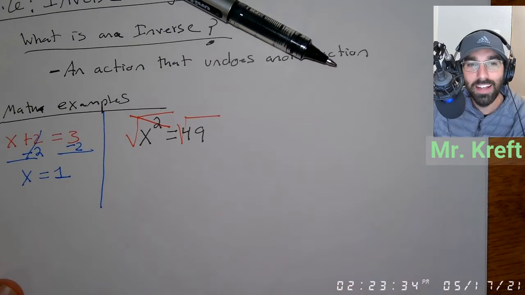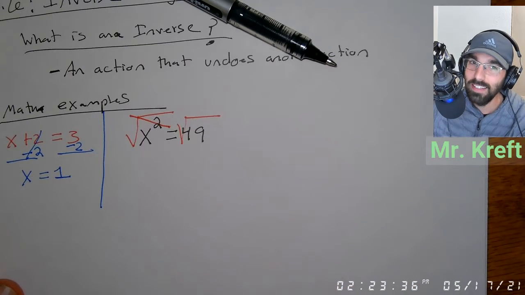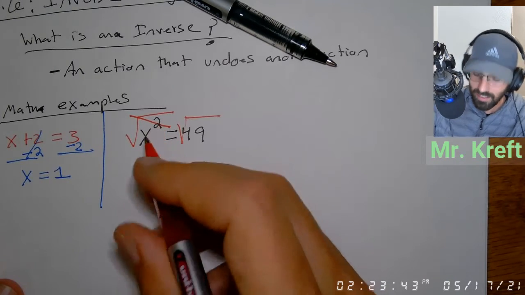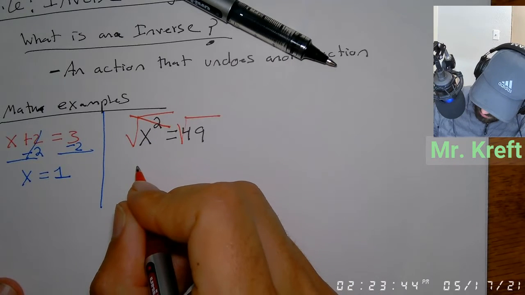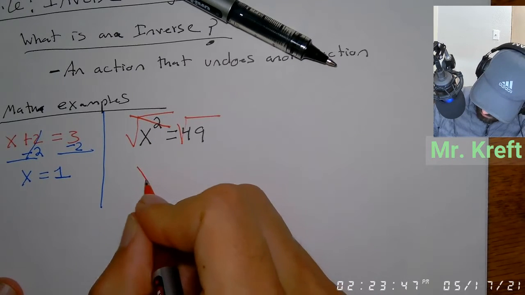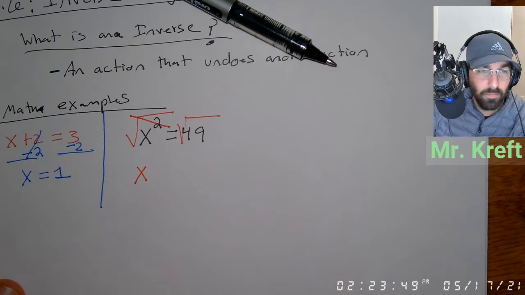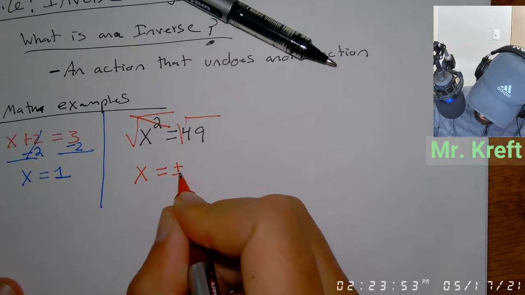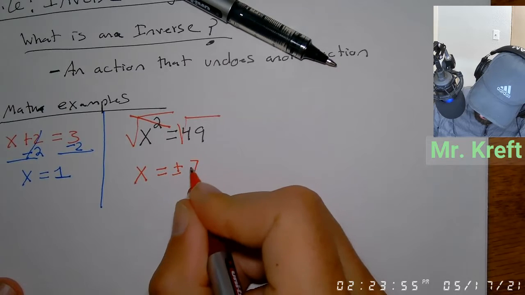Just like putting on a shoe and taking off a shoe cancels out. And notice how this x was the input. It was inside the squared. And so I'm going to have x, right? And then equals, and then I have plus or minus 7.